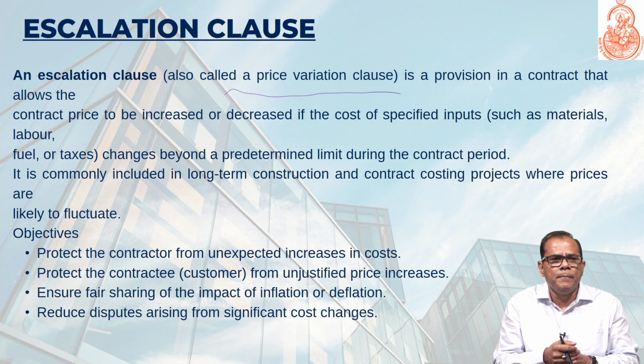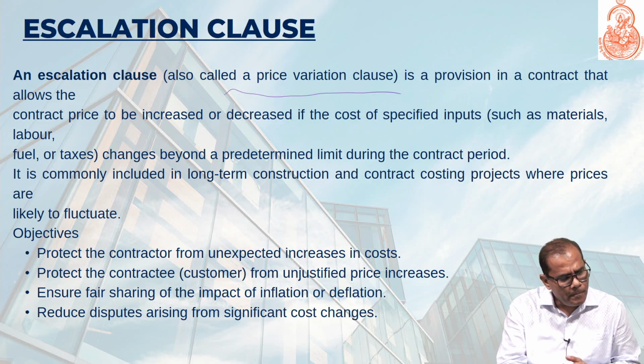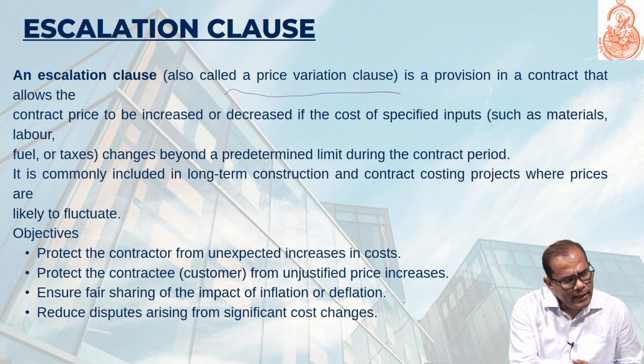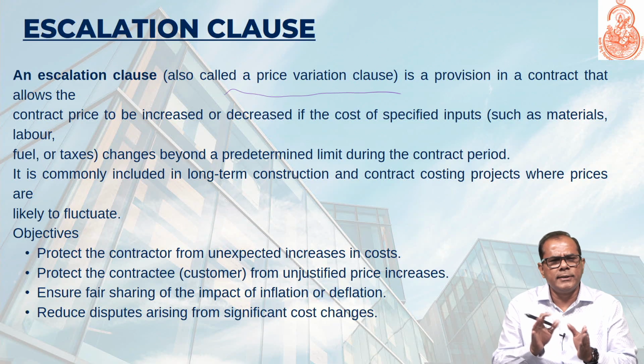So, if an escalation clause prevails, essentially, as I told before, it is a safeguard on the part of the contractor against unfavorable price fluctuations. Now, if it is there, then the contractor is better off so far as the fluctuations in the prices are concerned.